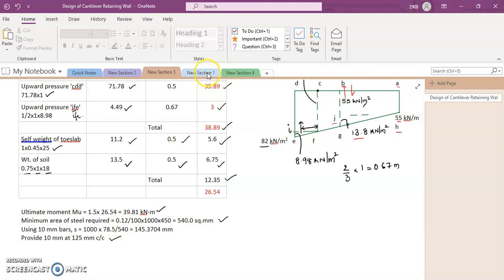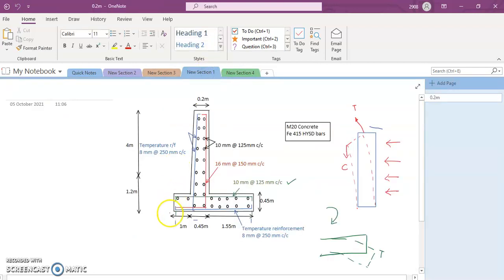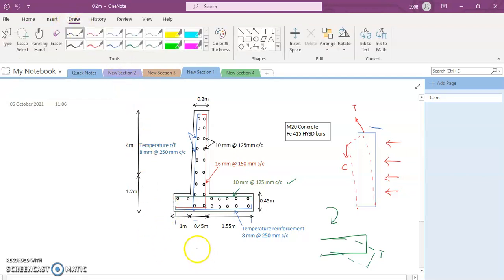Now, where do we provide this steel? Okay, so this is the diagram, and we know that the net, so this is my heel toe slab, and the net moment was in this direction, right? So for the heel slab, it was as marked in the green arrow, but for the toe slab, it is in the opposite direction. So the bending will be something like this.